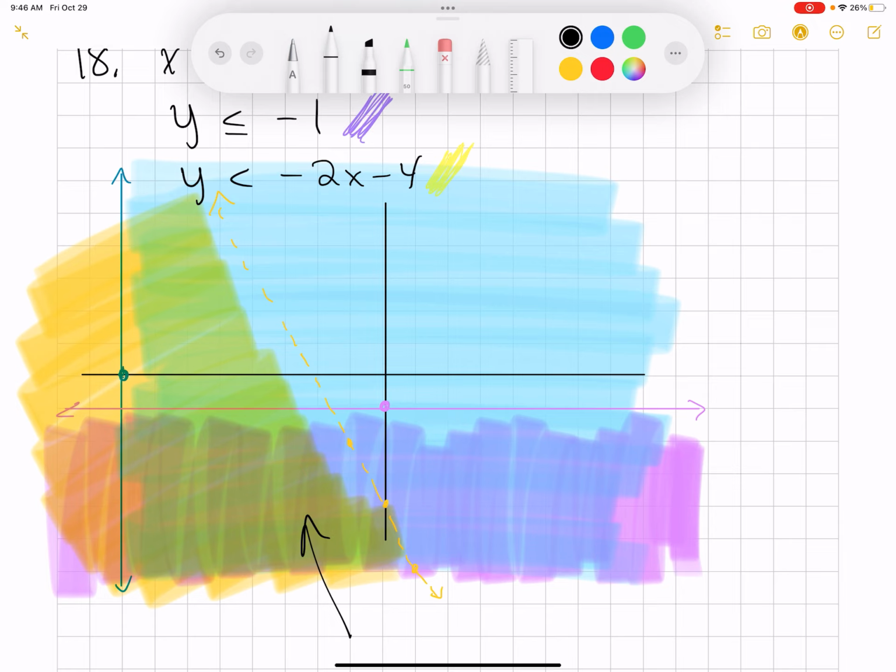Oh, it's dotted. And if you are drawing your lines in pen and you realize after you have drawn a solid line that it was supposed to be dotted, just draw a line to it and say dotted. Don't feel like you have to completely redo it.